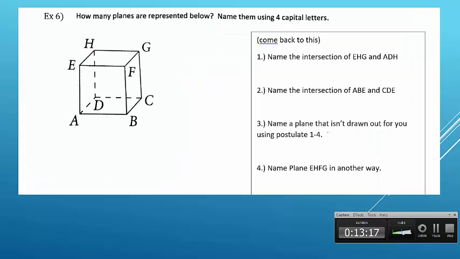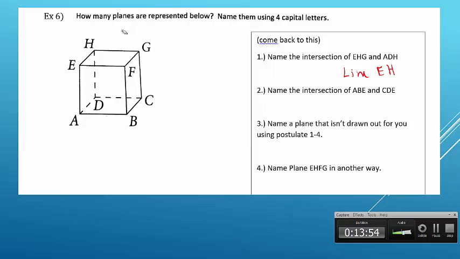So what we're going to do is go back and revisit this problem, since now we know that the letters that two planes have in common are where they intersect. For example, EHG and ADH are those two sides of our box, and it says to name the intersection. So you find the letters they have in common. In this case, they're E and H. So you're going to write line EH.